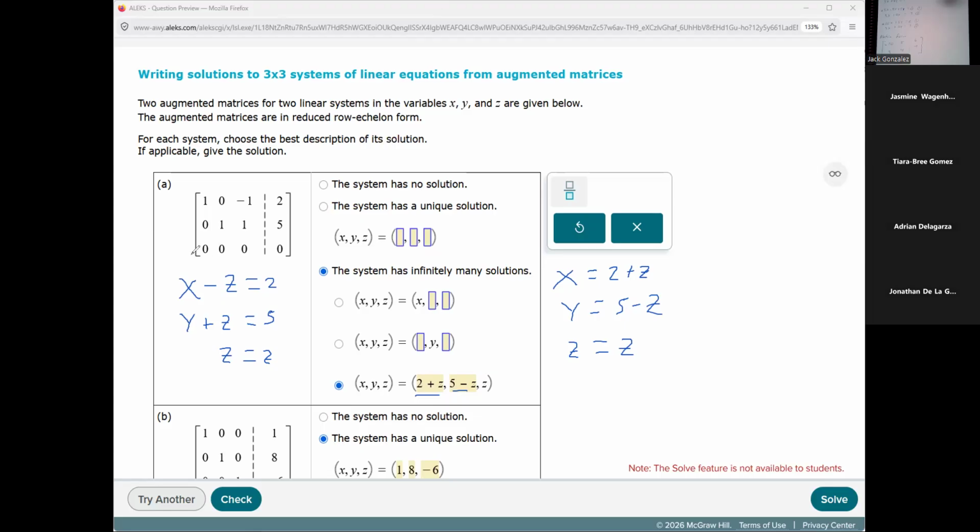Step one is change this into equations. That's where we got this from. Once you have that, solve for x on the first equation, solve for y on the second equation. That'll give you the solution, because this is basically saying x equals this first term, y equals the second part, z equals the third part.